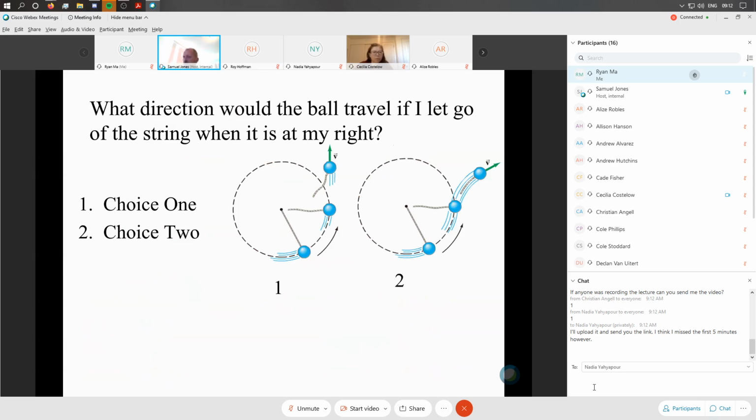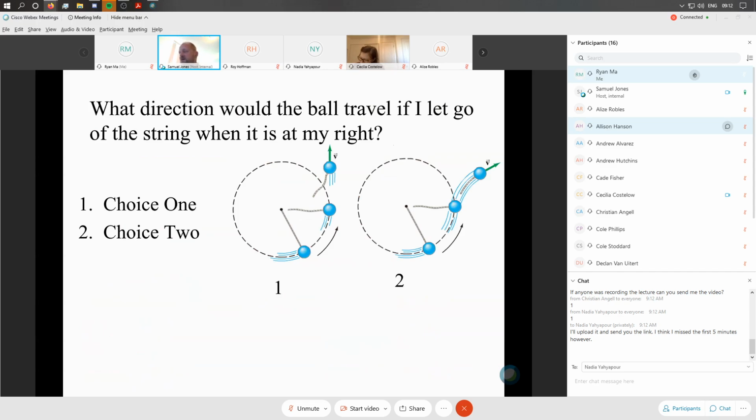The misconception or the false idea of centripetal force often leads people to think of scenario 2, that there's some force physically pulling the ball out from the circle. When in reality, there's a force pulling the ball in toward the circle while it's kept in the circle. That's our centripetal force, which in this case is really just tension. Okay?